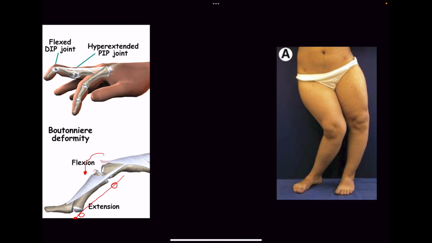So if the central slip is torn, but the lateral slip is intact, when the person is trying to cause an extension, it can only bring extension in the distal interphalangeal joint because it is not attached to the middle phalanx. But since it is crossing the proximal interphalangeal joint, when it is trying to cause the extension at the distal interphalangeal joint, it will cause an abnormal flexion at the proximal interphalangeal joint. That is what is called a boutonniere deformity.